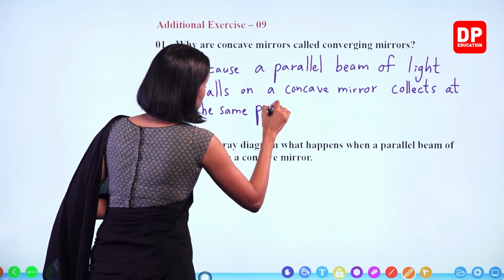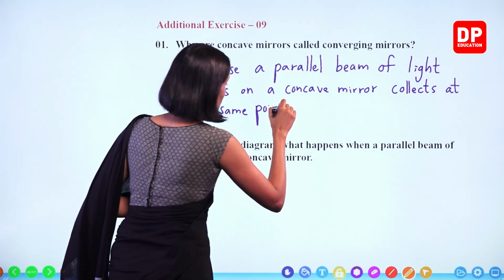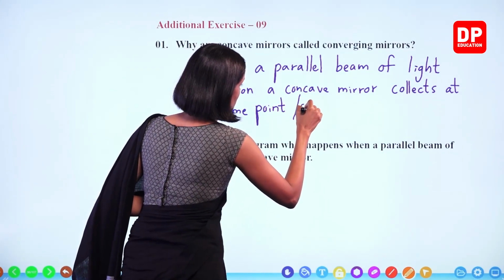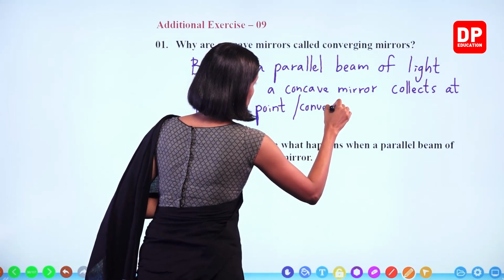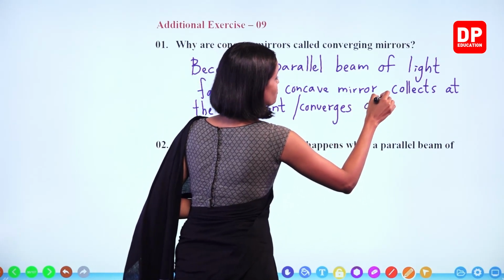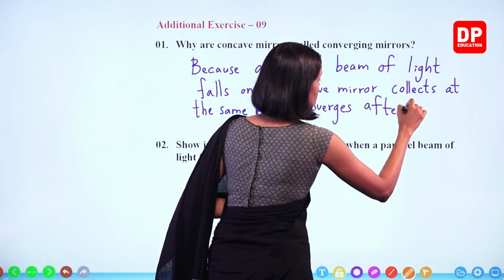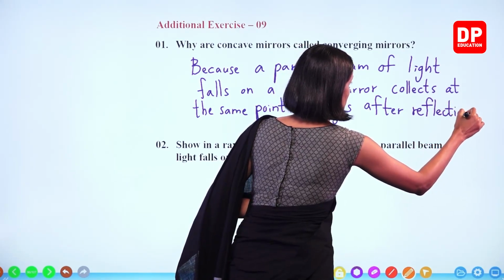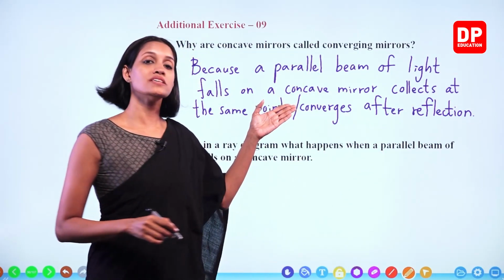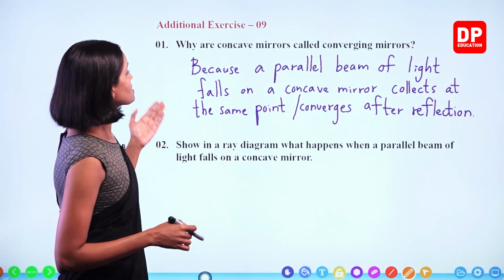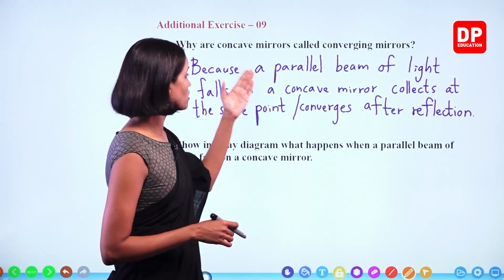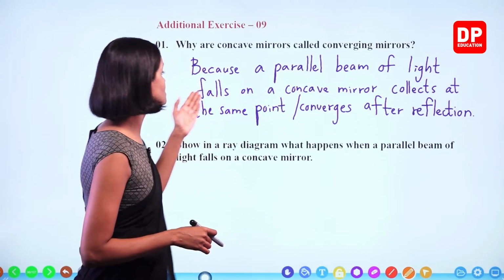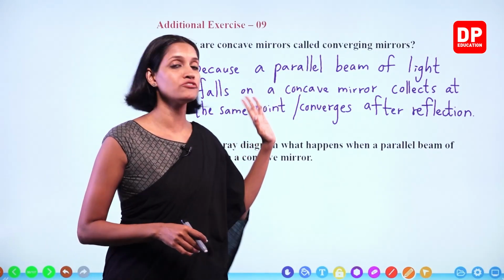This is known as converging or converges after reflection. That's why they are known as converging mirrors. Because a parallel beam of light falls on a concave mirror, collects at the same point or converges after reflection.